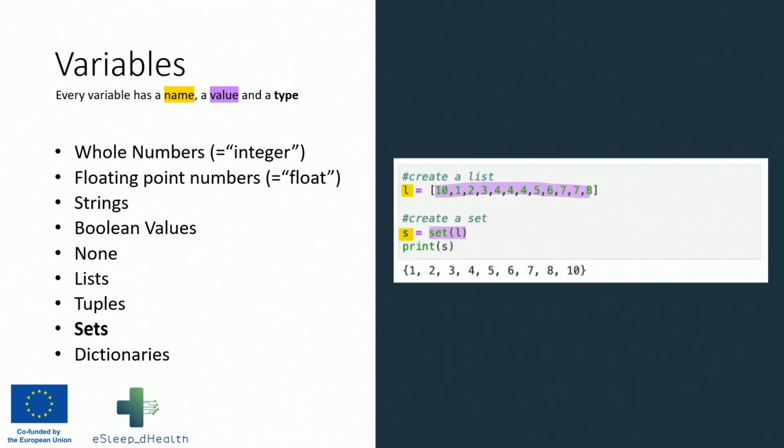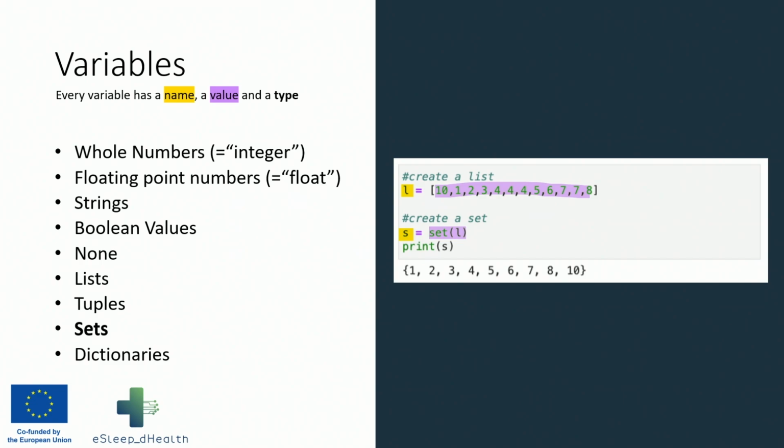Then there is another type of variable that seems very similar to a list, and actually we created it based on a list. So in the example on the right side, you can see that we first declare the list with a name L, and we fill it with different values. And then we create a set that we call S here.